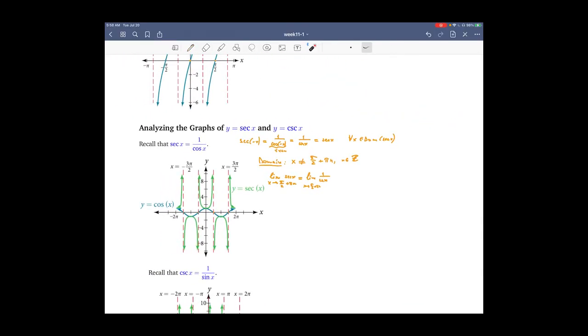You are dividing 1 over numbers that are closer and closer to 0. Of course, you will get positive or negative infinity, depending on whether cosine is positive or negative.